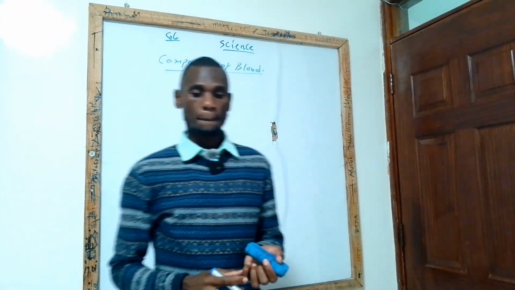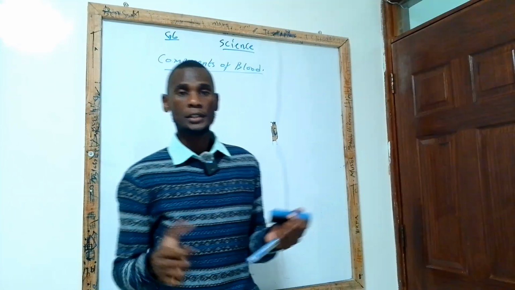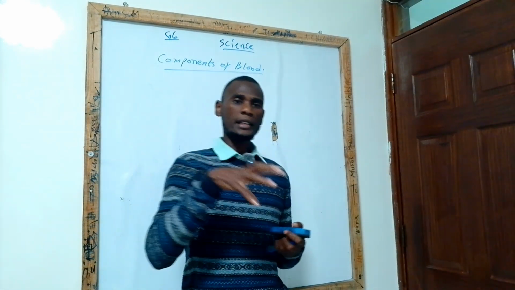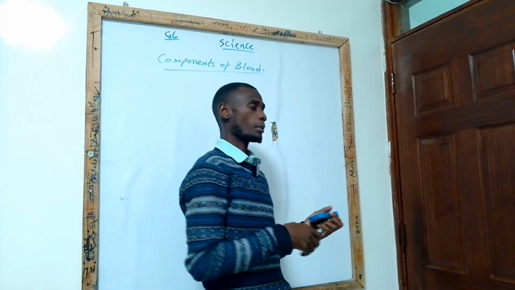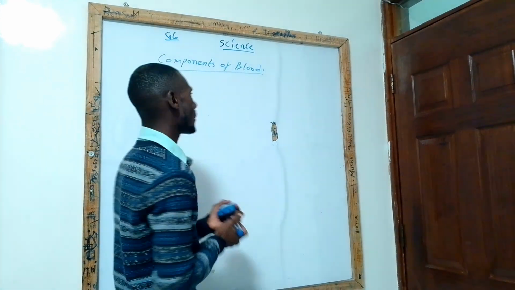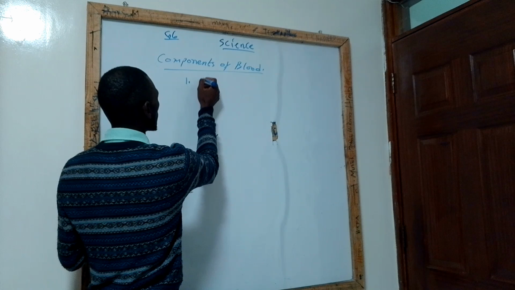Now, the blood that we find in our body, inside the blood, there are different components, and there are four main components of blood. So the first one, we have what is called the plasma.